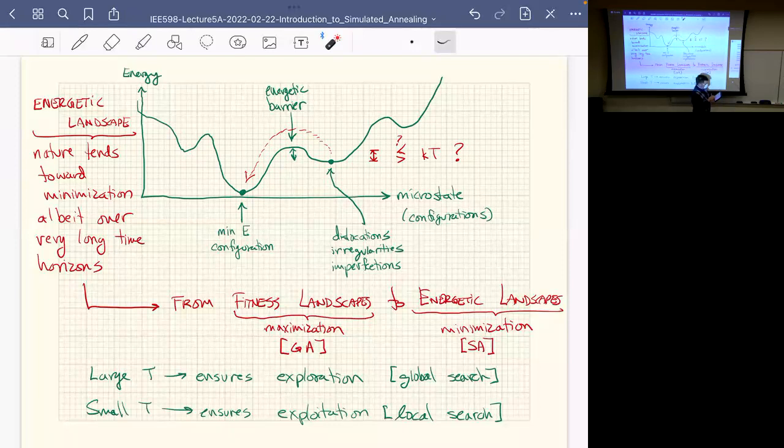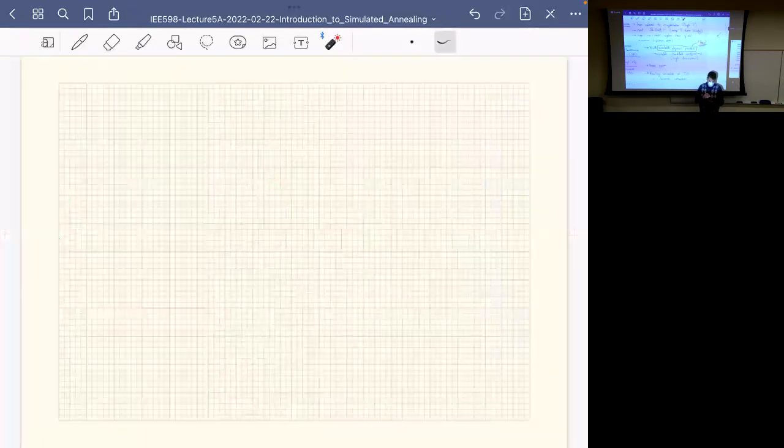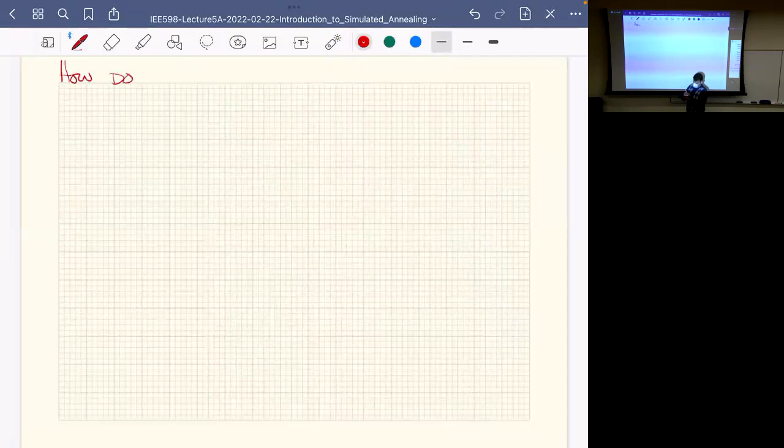Now we can talk about entropy. All right, so the question here is, how do we simulate such a physical system?